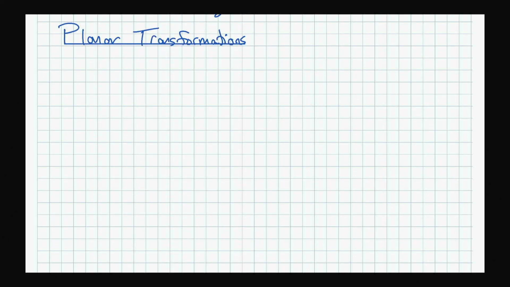Let's talk about planar transformations. So what is a planar transformation?